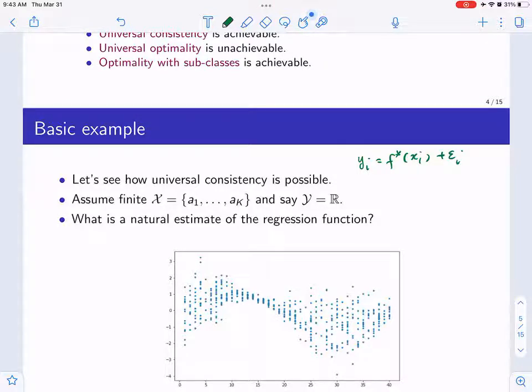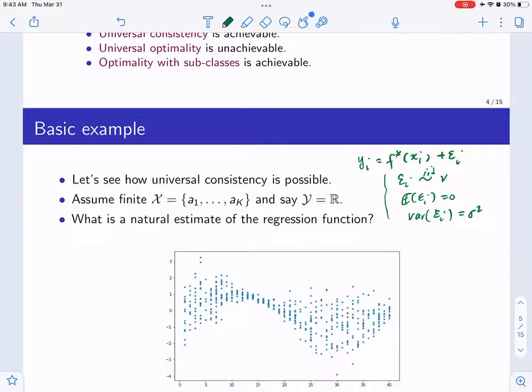Usually you assume that the noise terms are IID, either Gaussian with zero mean and variance sigma squared, or at least from some distribution with mean 0 and variance sigma squared. Okay, so this certainly falls within the general framework that we talked about.